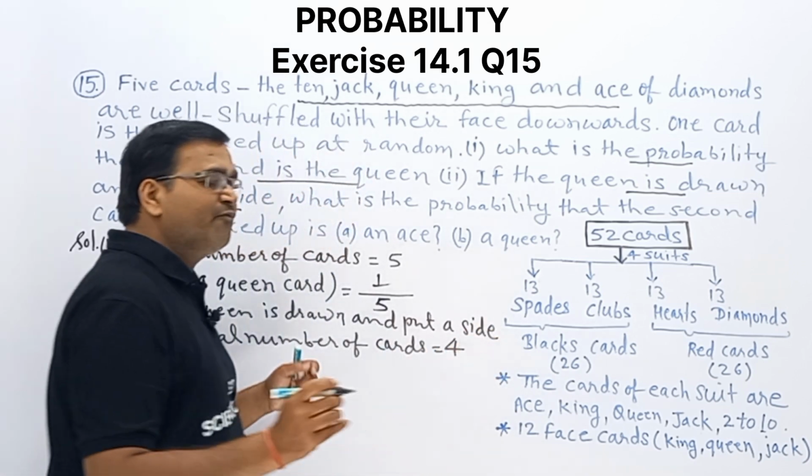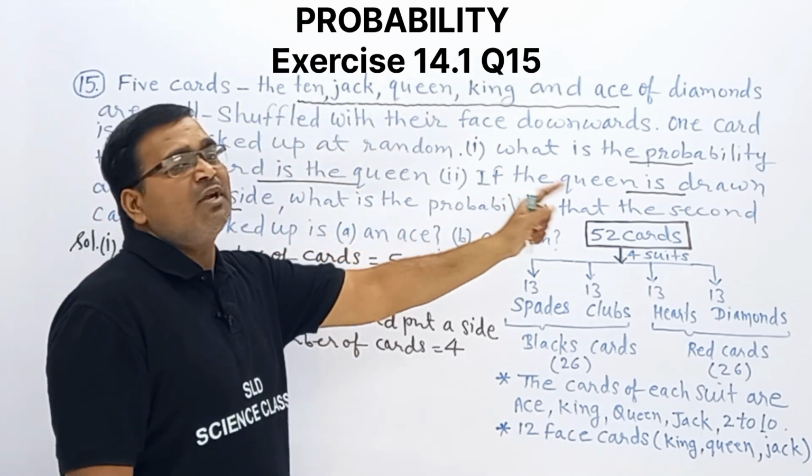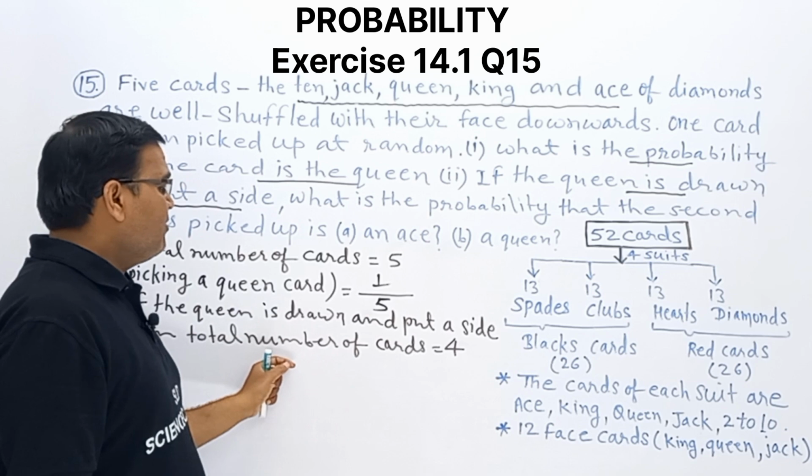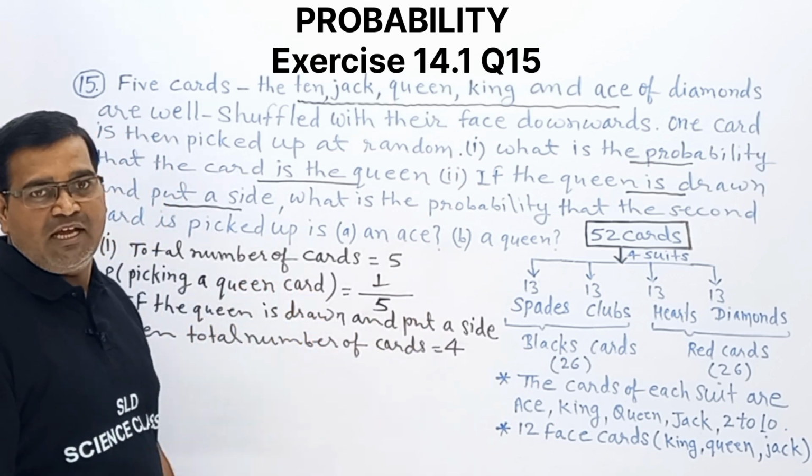Total cards we are having 5. From these 5, we draw the queen and put it aside. Then we are having only 4 cards. Now we are having 4 cards. Clear?